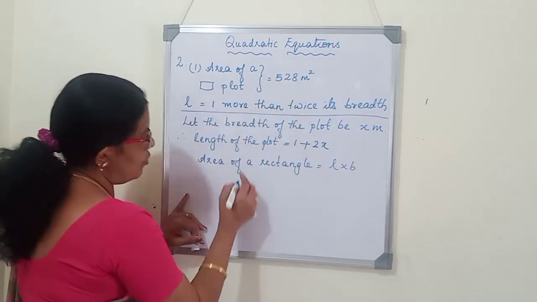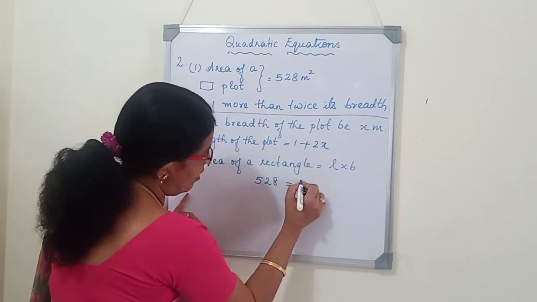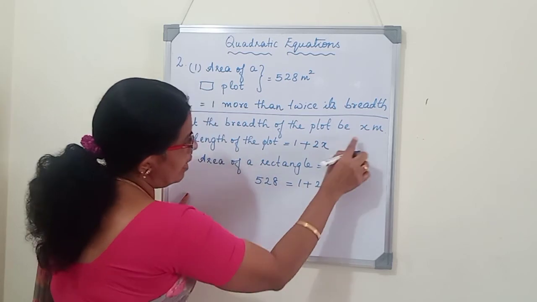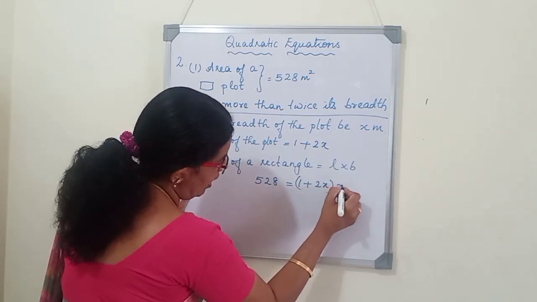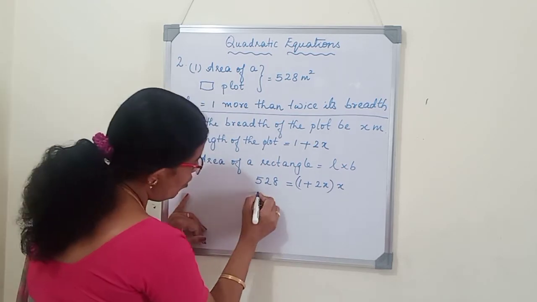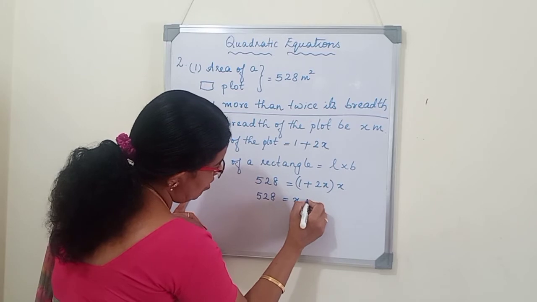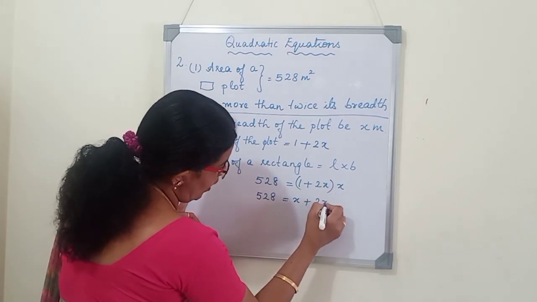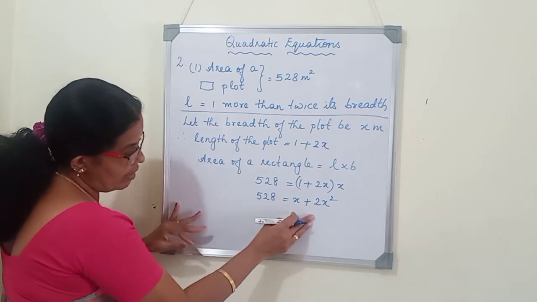Area is 528 equals length 1 plus 2x and breadth is x. So, when you write breadth, as it is a binomial, put a bracket and write x. Now, 528 is equal to 1 into x plus 2x into x, 2x square. Now, we got a quadratic equation but it is not in the standard form.